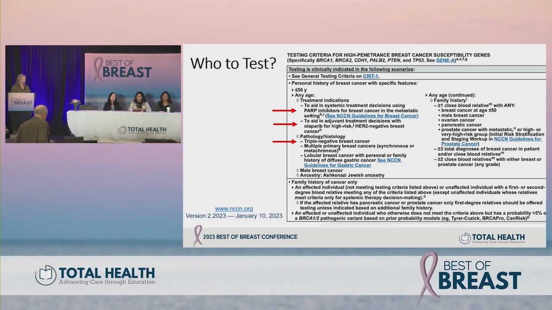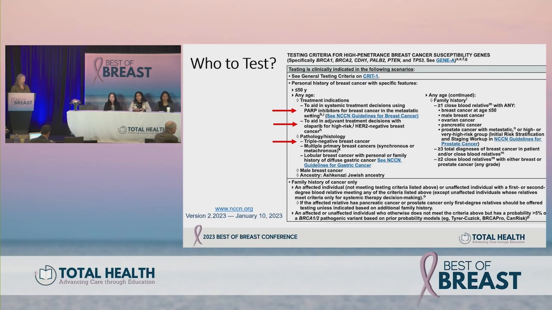In addition, you may see patients who have family histories, but maybe not at a younger age. Actually, they may still be eligible by the NCCN guideline. So per NCCN guideline, if you have at least one close blood relative with any breast cancer at age 50 or below, or male breast cancer, ovarian cancer, pancreatic cancer, or prostate cancer with certain metastatic or high or very high risk groups, they would be eligible.